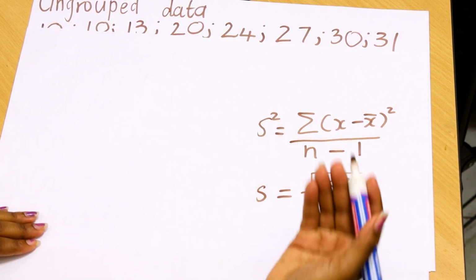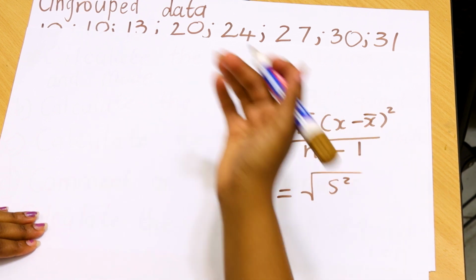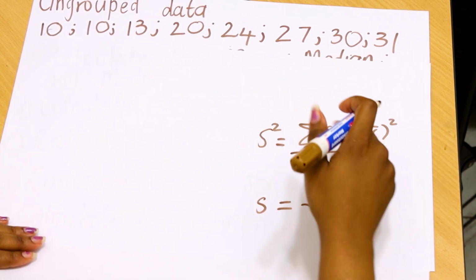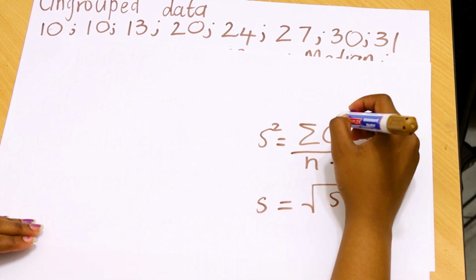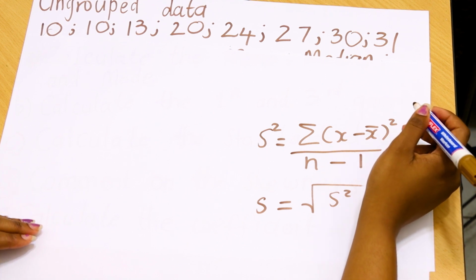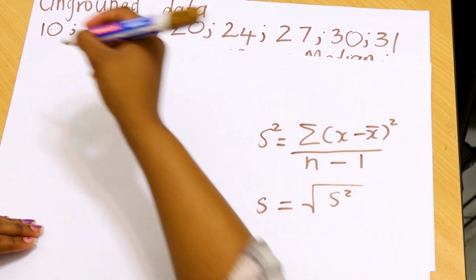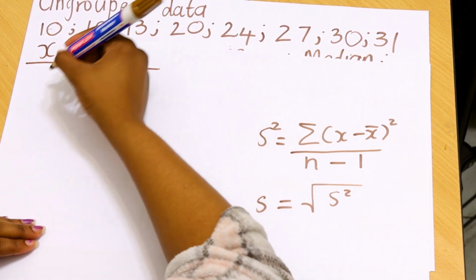Okay, so in order for us to find the variance easily, we are going to take our data points and create a column for the square of the deviation from the mean. After that, we'll substitute that value here. So let's start. We're going to write all our x values here.